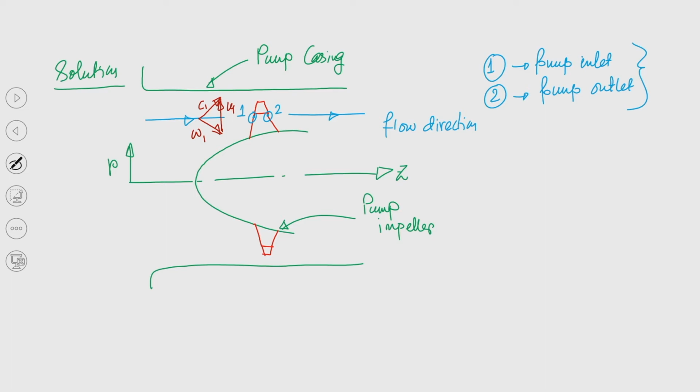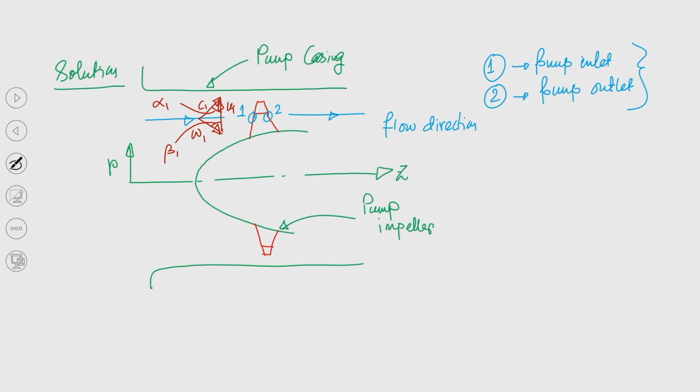So, this is blade velocity at the inlet, and if we again mark the flow angle and blade angle, this is alpha 1 and this angle is beta 1, right. So, beta 1 is the blade angle at the inlet, alpha 1 is the absolute flow angle at the inlet.